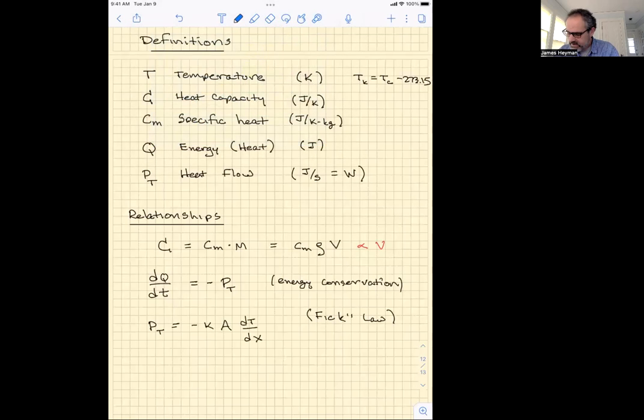Here, kappa is called the thermal conductivity, and A is the surface area.